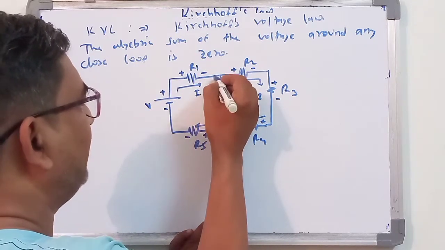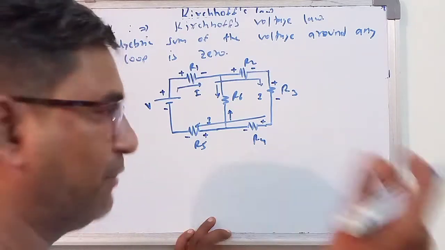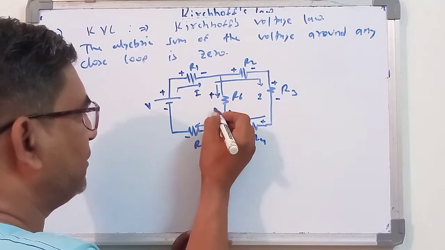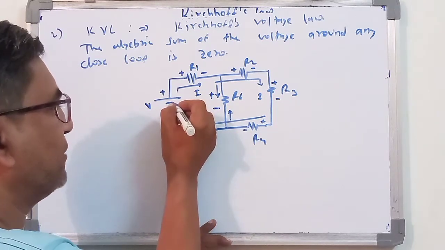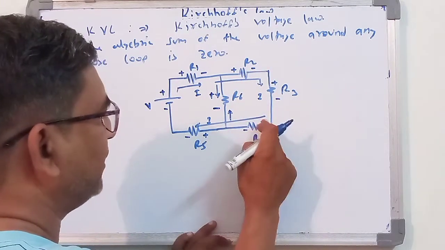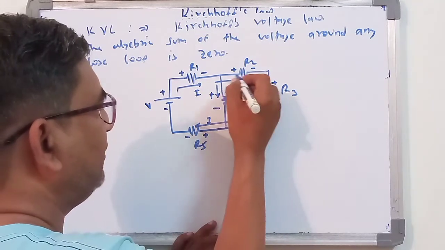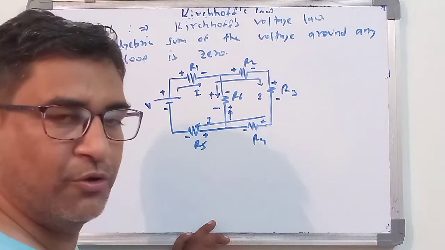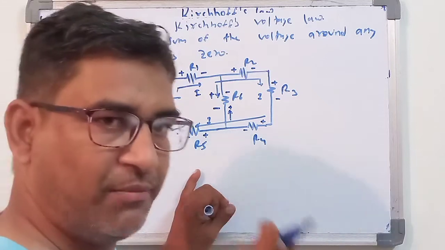So when the loop occurs, if the current enters here, then you will obtain the positive, negative, then here the positive, negative and the rest, again it reaches the negative value. But as soon as this loop is considered, positive to negative, again this positive and negative value will flow across this particular loop.